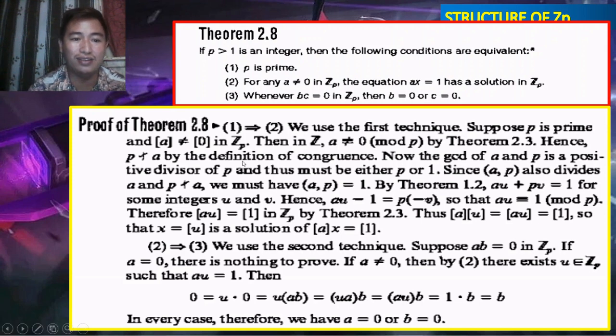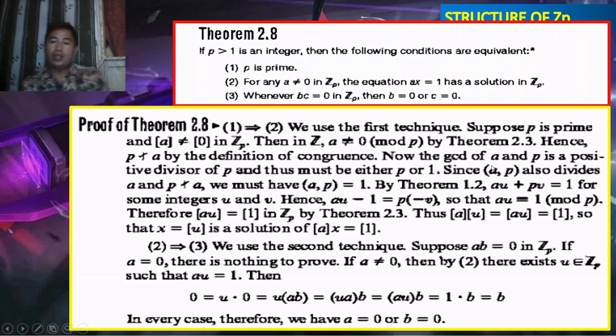P does not divide A minus 0, because A is not congruent to 0. If it were congruent, A minus 0 would be divisible by P.